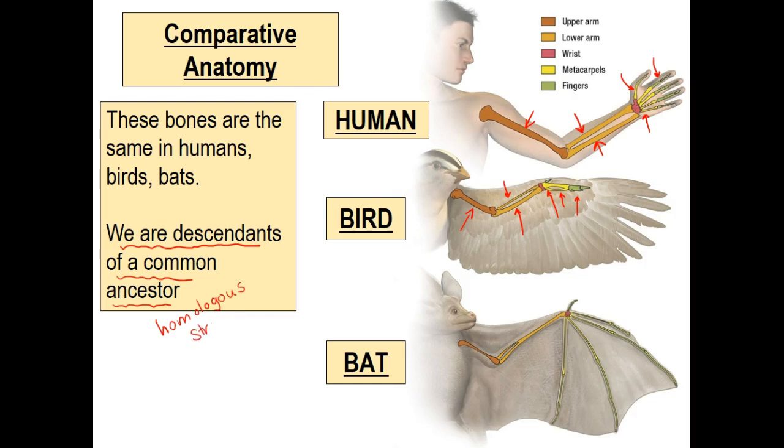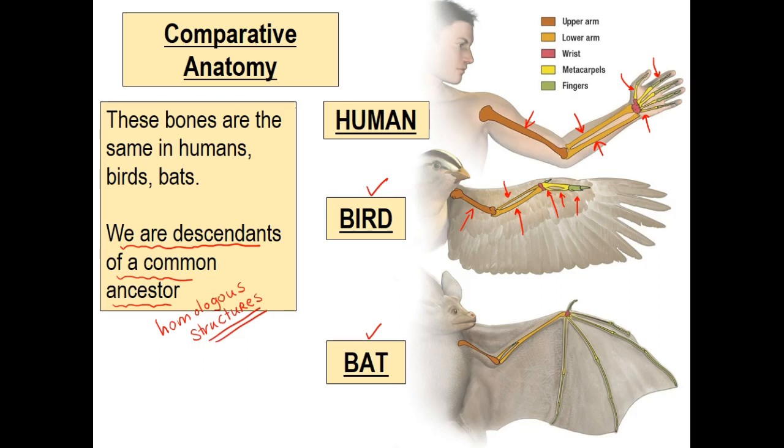Homologous structures are structurally the same, but they actually serve different purposes in different animals. So you can certainly see that two of these are using those same bones for flight, but of course humans don't fly. Okay, so they're structurally the same, but not functionally the same.